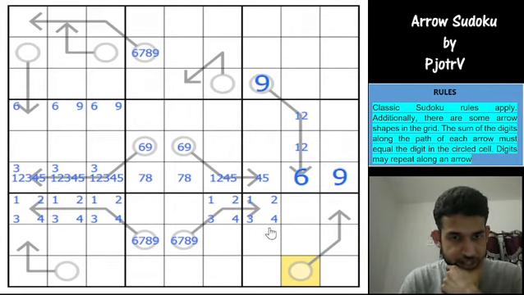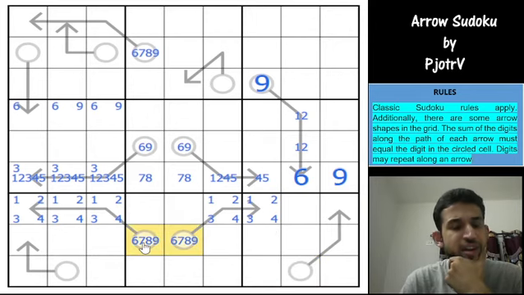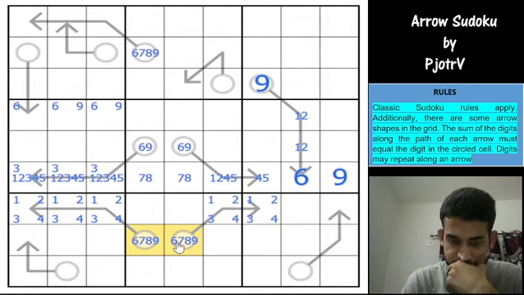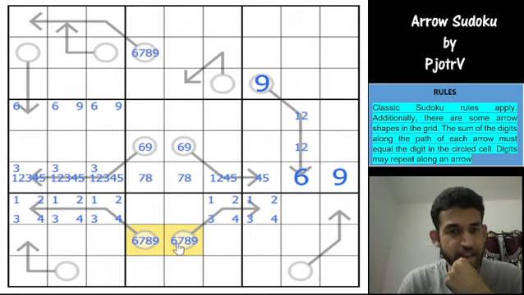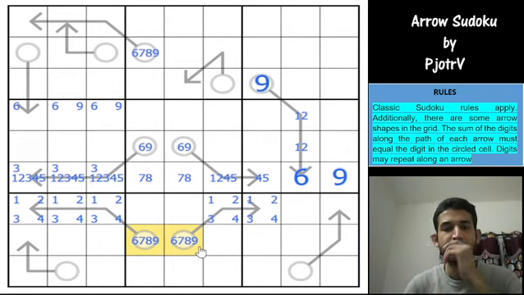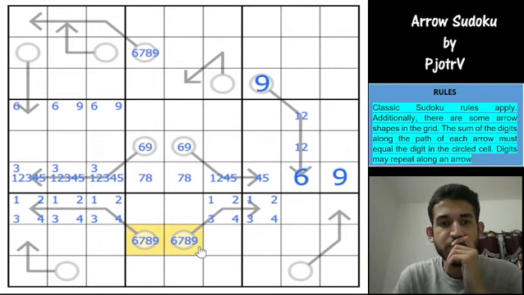Tricky here, guys, tricky. Can this be? Okay, if these two cells add up to 15, they must be 6 and 9 or 7 and 8. And if they add up to 16, they must be 7 and 9. Okay, I don't see any problem there.